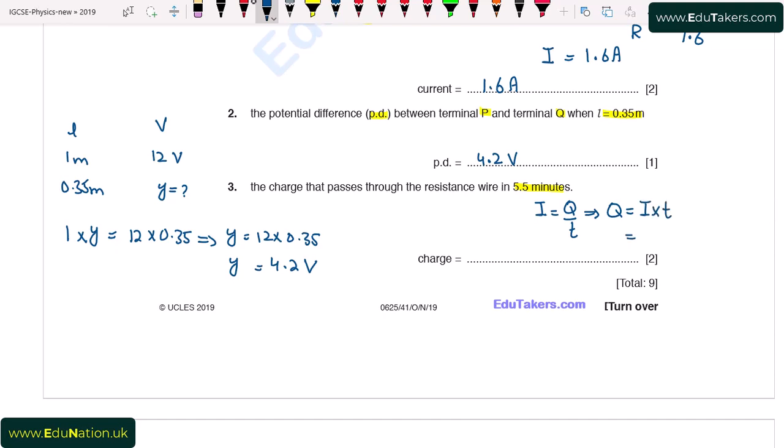So the current that we already calculated is 1.6 ampere. I write here 1.6 multiplied by time, which is given 5.5 minutes. So it will be 5.5. And we have to convert this time into seconds. That's why I multiply it with 60. So the value of charge comes to be 520 coulombs. The unit of charge is coulomb. I write here charge is equal to 520 coulombs.